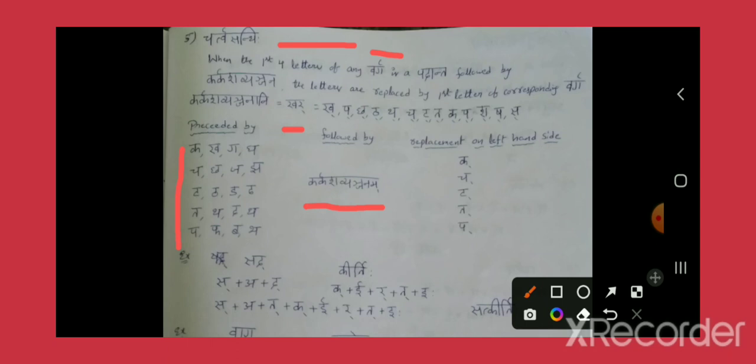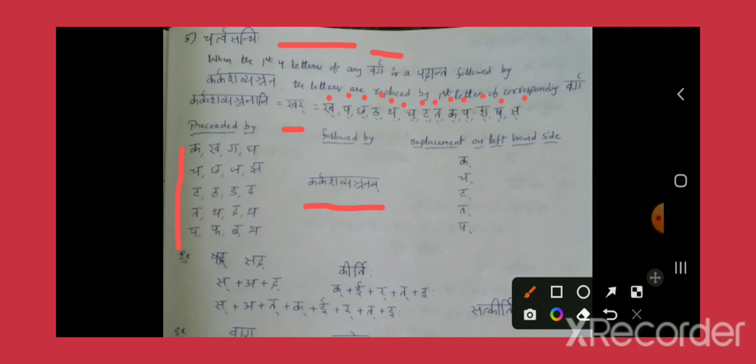Based on the Maheshwara Sutra, we have seen about them, right? So khar means what are the khar letters? Kha, pa, cha, ta, tha, cha, ta, ta, ka, pa, sha, sha, sa. All these letters are khar letters.